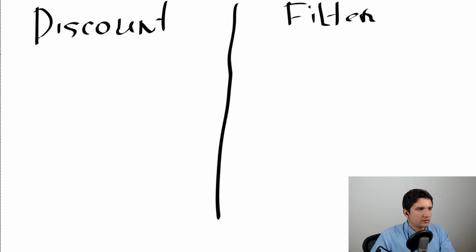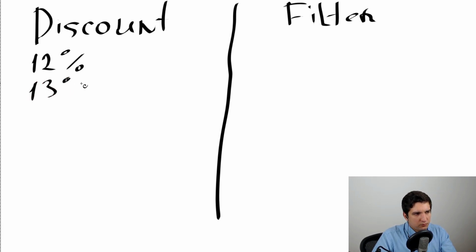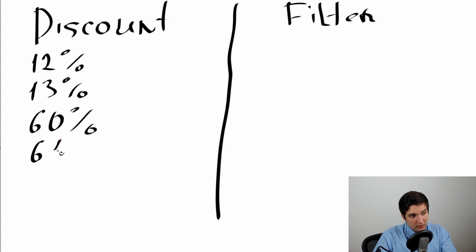was looking like that. So we had a discount. A discount can be like 12% on the product price, or 13%, or let's say 60%, or 61%, or 8%.